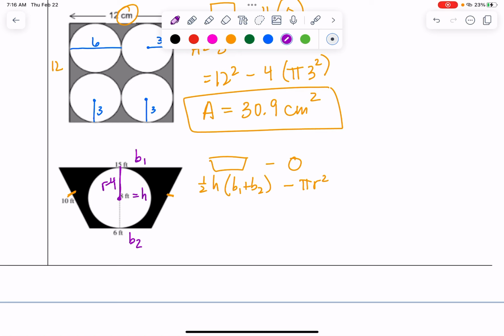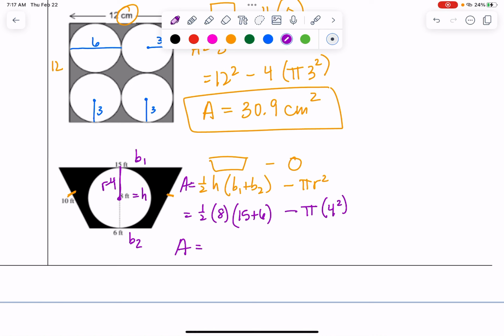And so now that I've labeled everything, we just need to plug it in. So this is half of 8 times 15 plus 6 minus pi times 4 squared. And of course, this is still area.